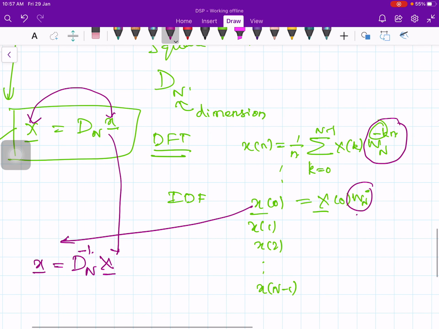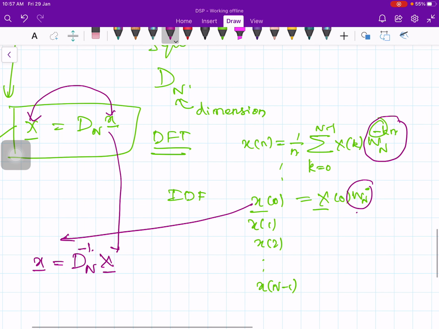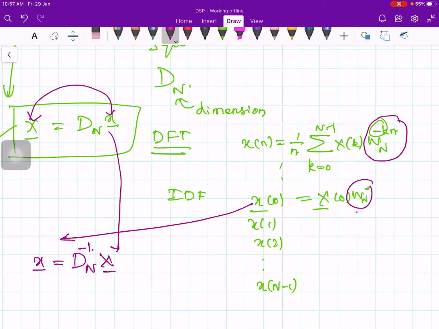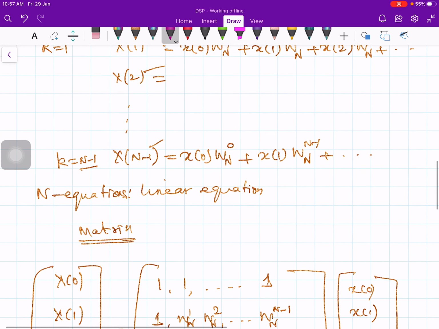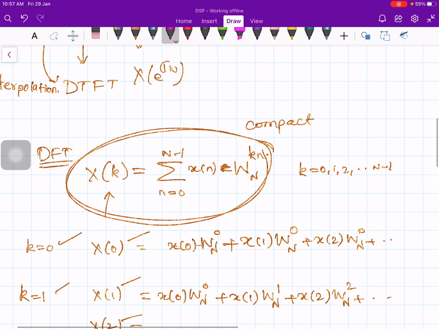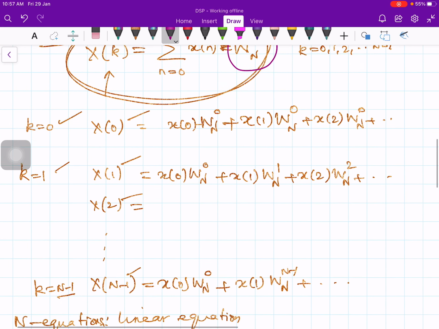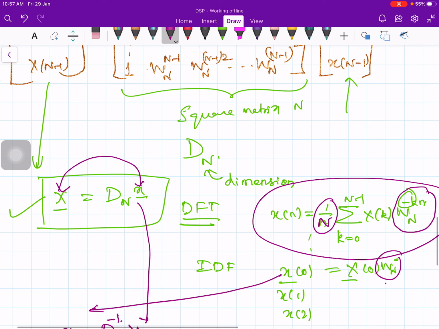If you write the inverse discrete Fourier transform formula in this form, the only change is the scaling factor 1 by capital N that comes in, and instead of Wn power kn, here we have Wn power minus kn.